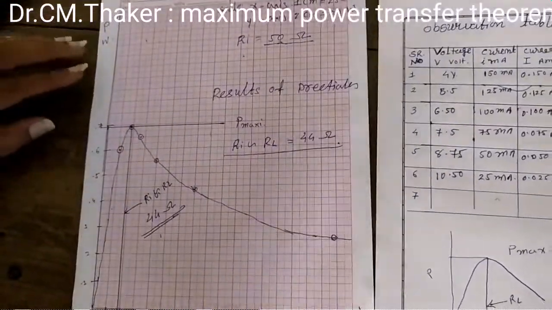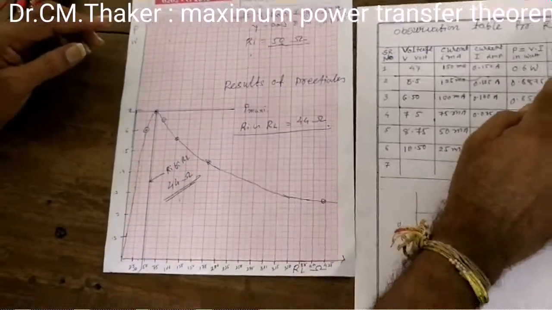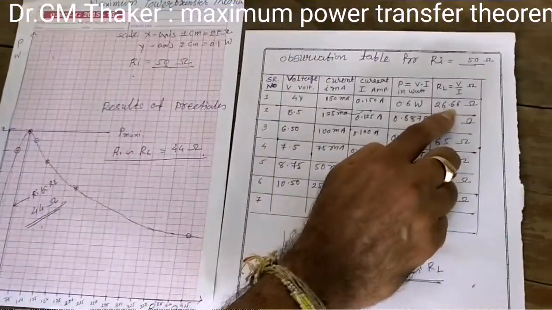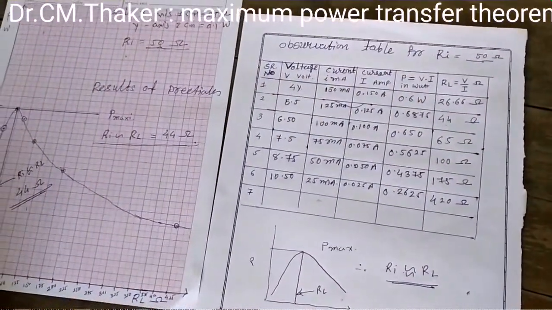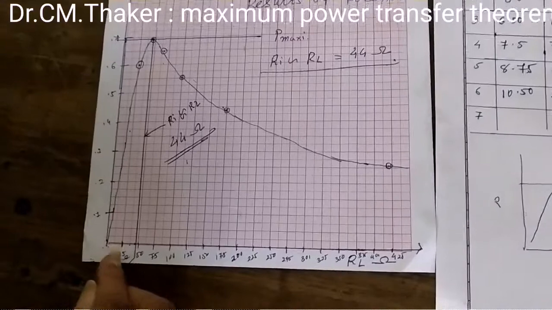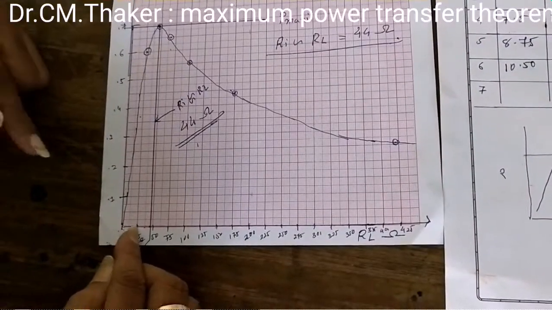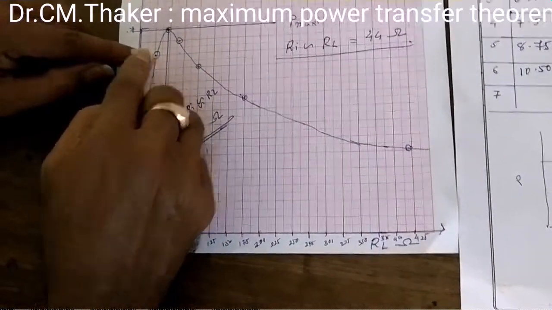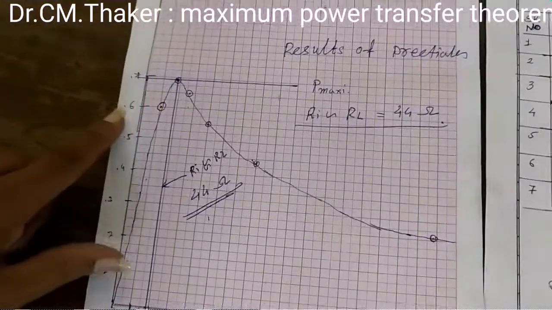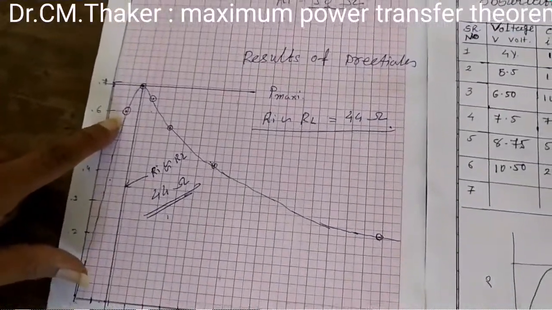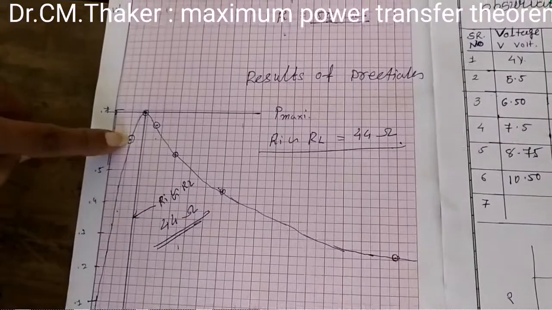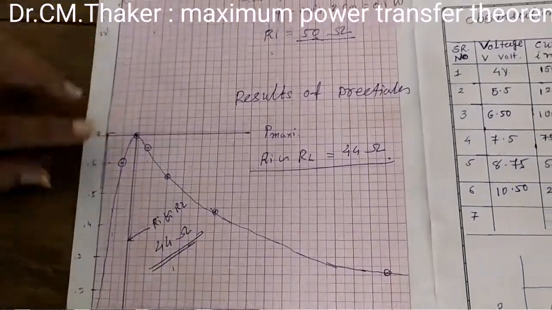Just you put the values of the observations. Suppose 26.66 ohms, here is the 25, and one point of that is shown here, and power is 0.6 watt, sorry, right.